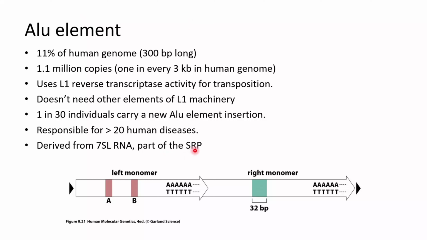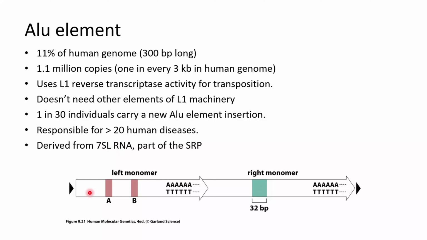So this signal recognition particle is a protein complex that, when a polypeptide is being translated and we detect a piece of it that is a signal peptide, the SRP will bind to it and then stop the translation. And the region that recognizes the polypeptide is the 7SL RNA. Okay?